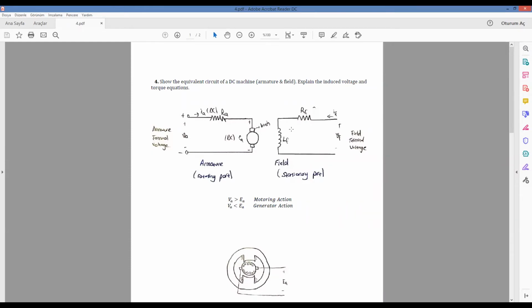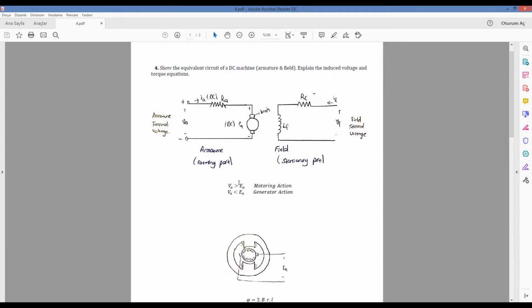On the other hand, in the field part, L_F indicates the magnetically stored energy, and RF is the copper losses of the field coils. As we can see from these equations, if VA is greater than EA, the machine starts in the motoring action, so electrical energy is converted to mechanical energy.